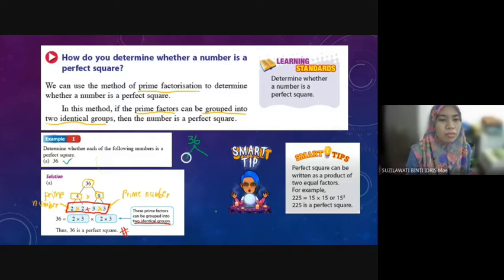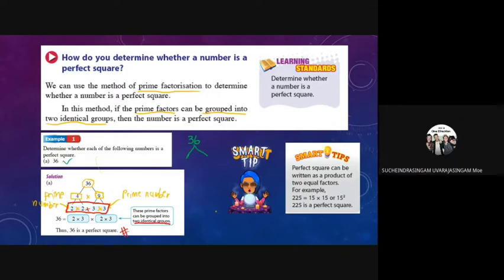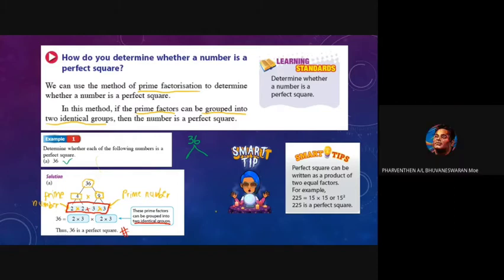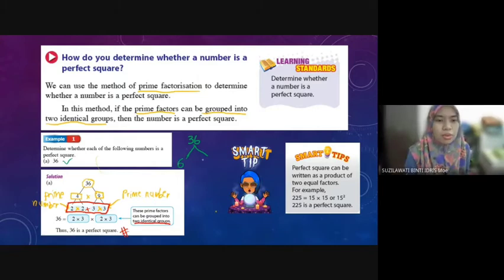What number can we multiply to get 36 other than 4 multiplied by 9? Apa lagi nombor yang kita boleh guna untuk dapat 36 selain dari 4 darab 9? 6 times 6. 6 multiplied by 6 equals 36.